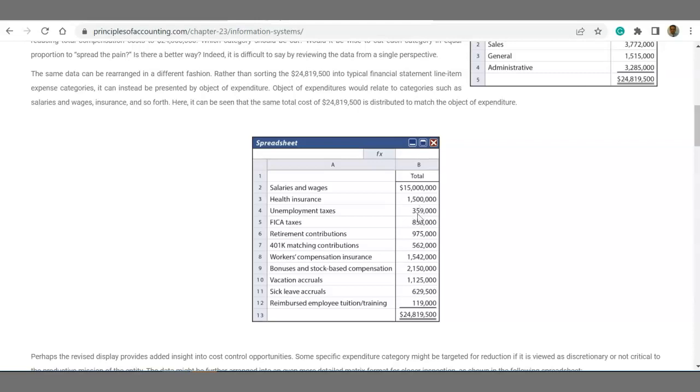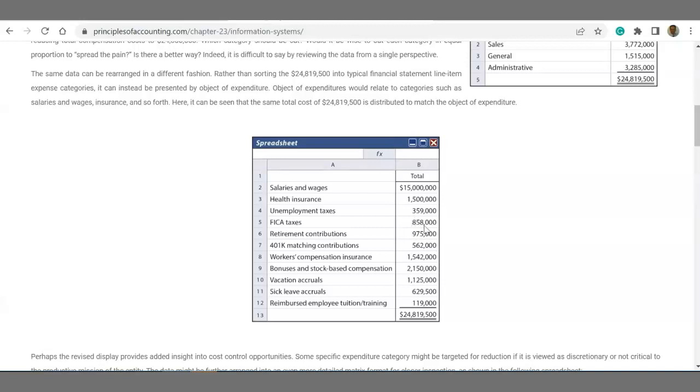They call it FUTA and SUTA, federal unemployment and state unemployment. That's up to the first $7,000 of income of every employee, that they charge about 6% for FUTA and SUTA combined.